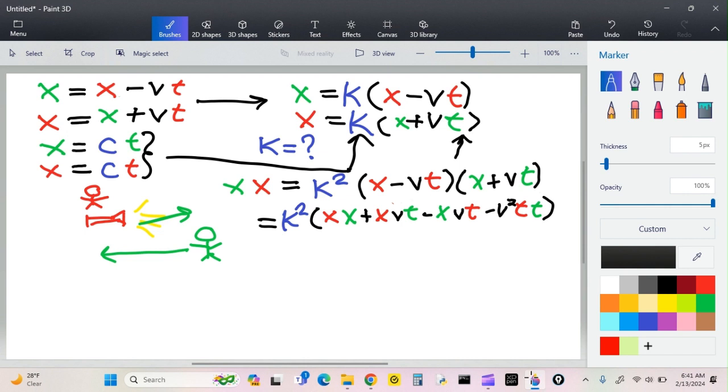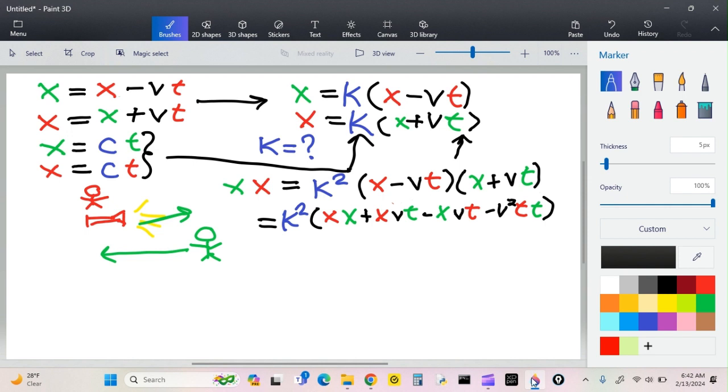Then, here's the result. Here's the left-hand side multiplied together, and here's the right-hand side multiplied together. Here's a couple k's, kk, give me k squared. Here's these two expressions, x minus vt and x plus vt. And here they are down here.